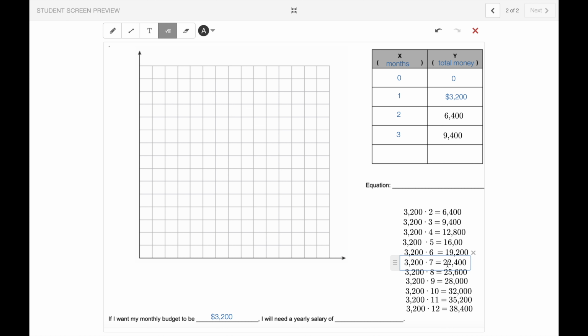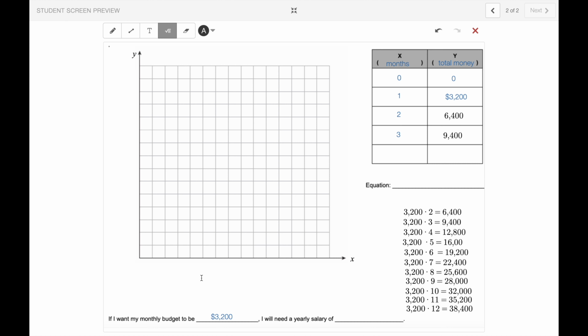So we now have very important information that I want us to practice plotting on this quadrant 1 coordinate plane. Same as before, we have to decide which axis is going to be our x and which axis is going to be our y. Hopefully you remember that this is the x-axis and this is the y-axis.